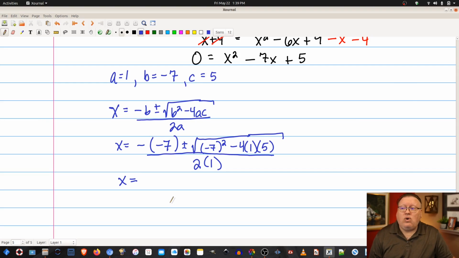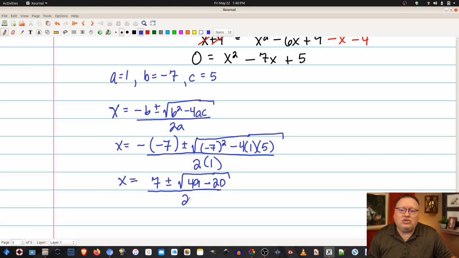So right now, we end up with opposite of negative 7 is a positive 7, plus or minus the square root of negative 7 squared, which is a positive 49, minus 20. And all of this is over 2. Okay? So now we end up with x is equal to 7 plus or minus the square root of 29 over 2.